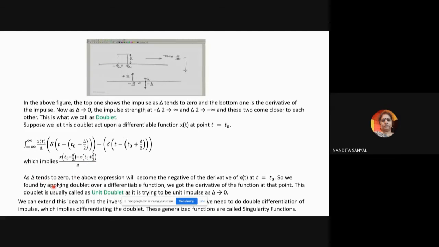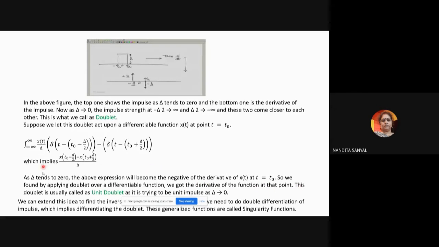As delta tends to 0, the above expression will become the negative of the derivative of x(t) at t equal to t0. So we found that by applying the doublet over a differentiable function, we got the derivative of the function at that point.